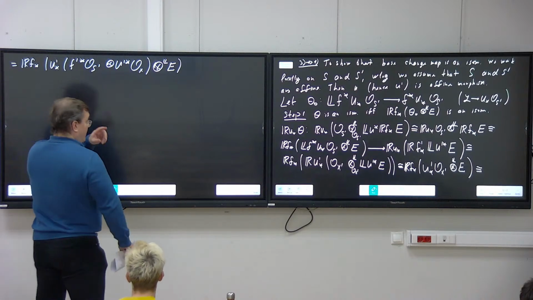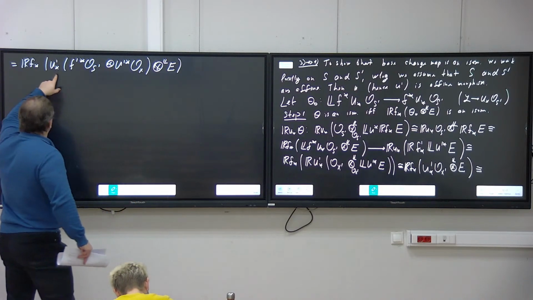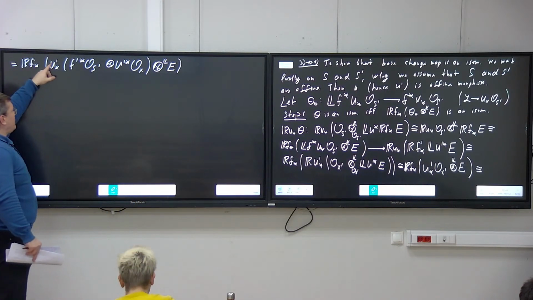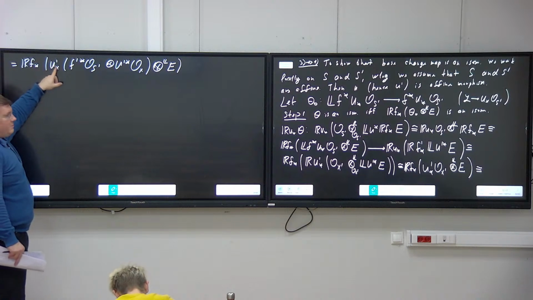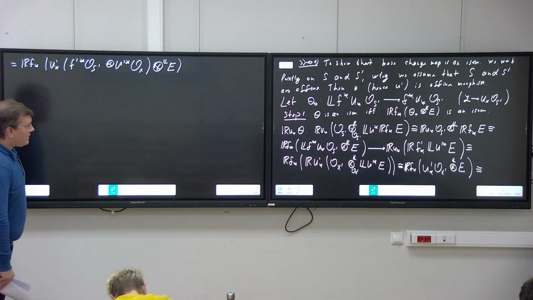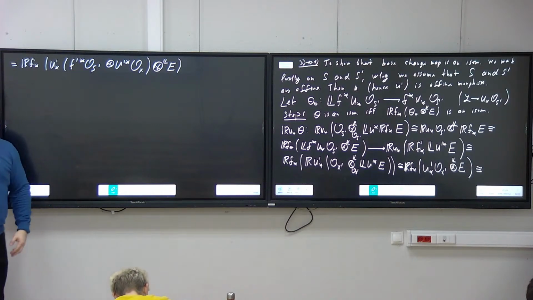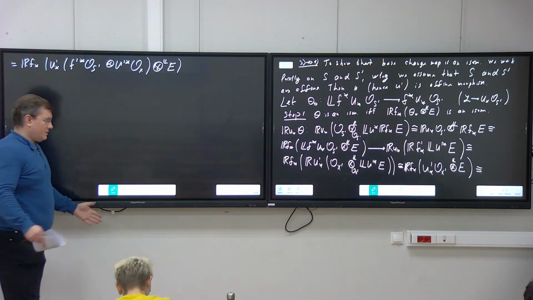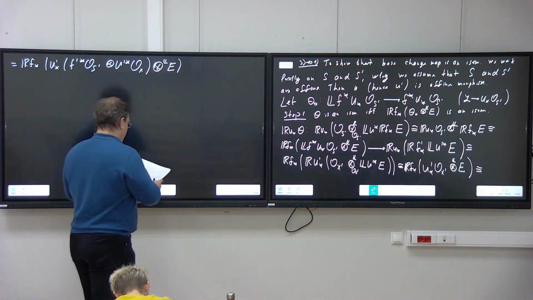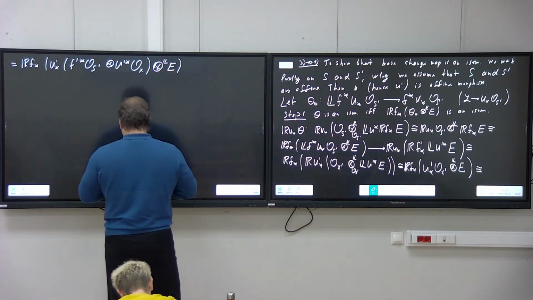These are just two pullbacks of the structure sheaves, and the product of two structure sheaves is again the structure sheaf.